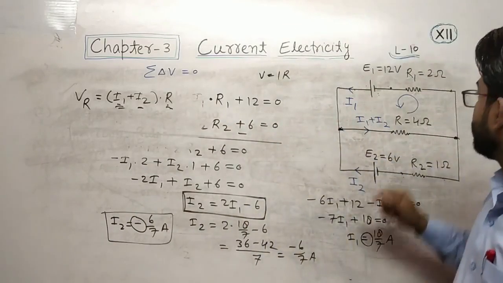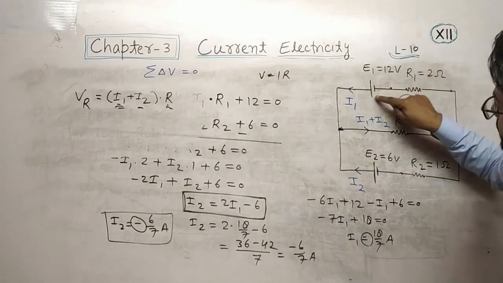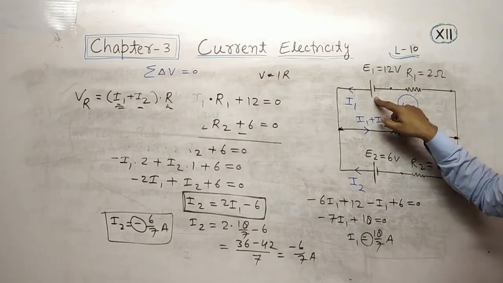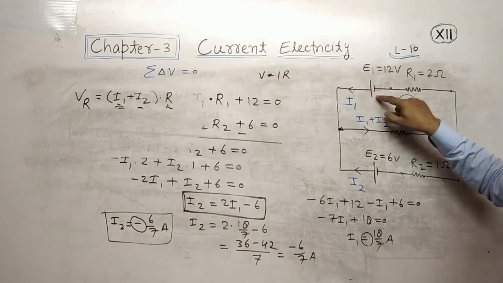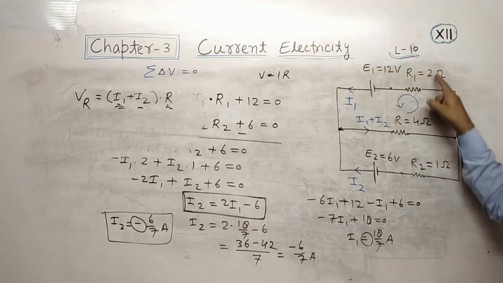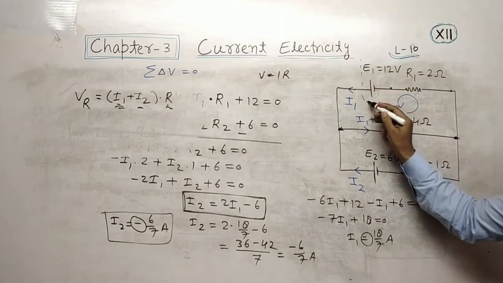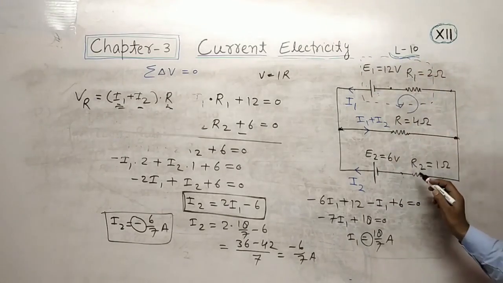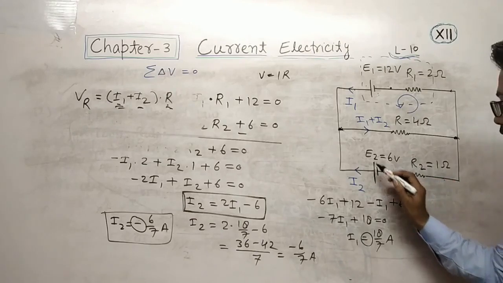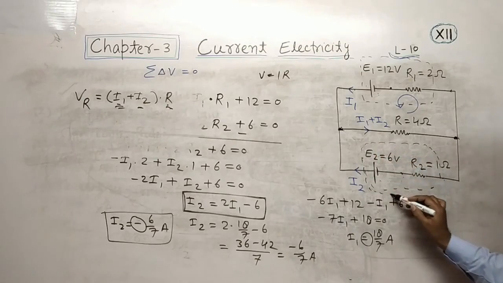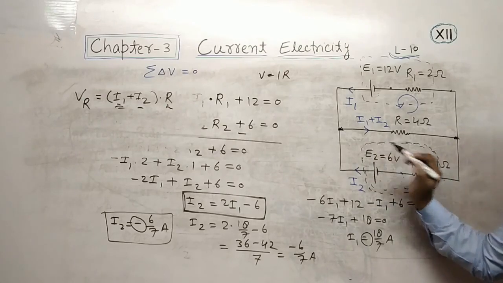If R1 is the internal resistance of E1, this may be treated as a cell with internal resistance R1. If R2 is the internal resistance of this battery, this whole system can be treated as a cell.